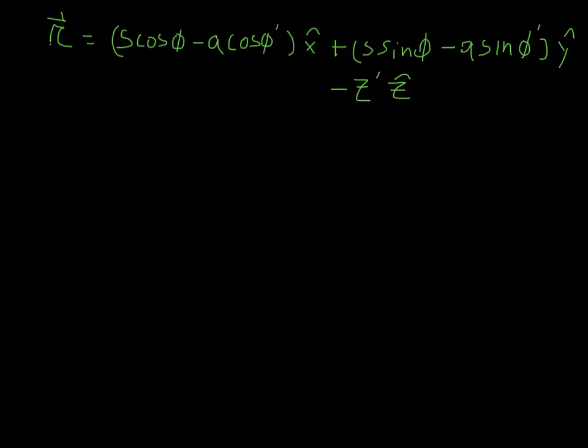Okay, so let's get the magnitude of this script r vector. The magnitude is just going to equal those components squared, square rooted. Let me draw a long radical.